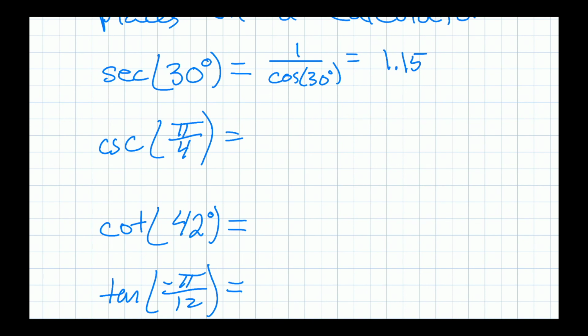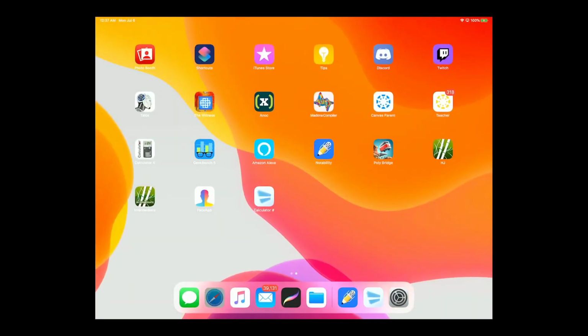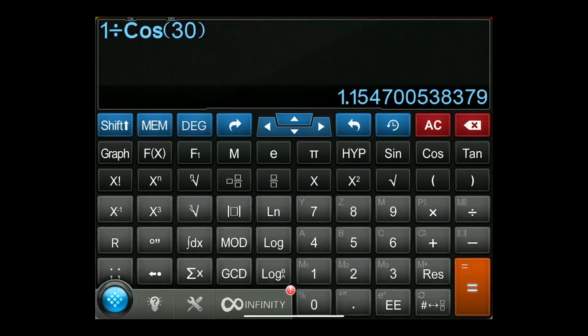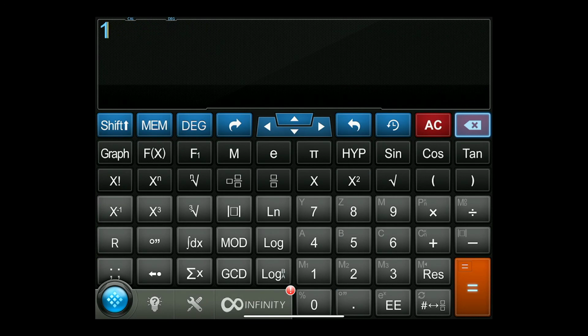Okay, so the next one we're going to do is cosecant pi over 4. Well, again, there's no cosecant button, so you need to know that the cosecant is 1 over the sine. So it's 1 over sine pi over 4. So back here. So we want 1 over sine pi over 4.